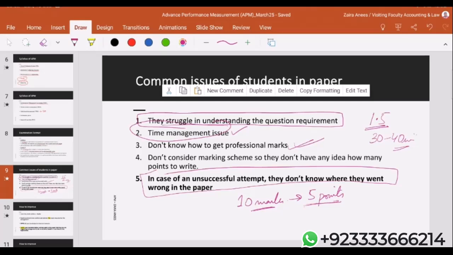But if you ask your tutor to mark your answer sheet, that makes the difference, because someone else is seeing your answer script and evaluating your answer.